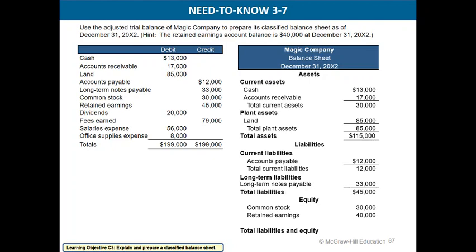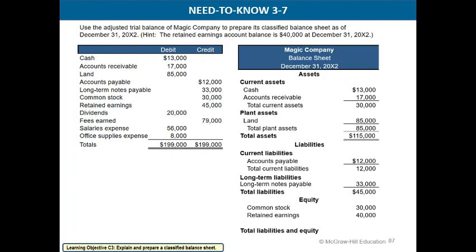So this is what a classified balance sheet would look like. You break it up between current assets and long-term assets or plant assets or property, plant, and equipment, however you want to list it. And then you would total up the sums of current assets plus plant assets.